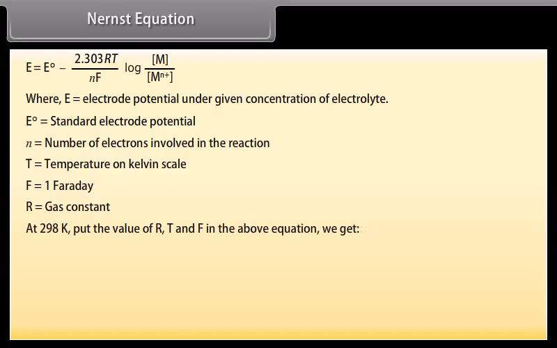At 298 Kelvin, put the value of R, T and F in the above equation. We get E = E° - (0.0591/n) log [M]/[M^n+].